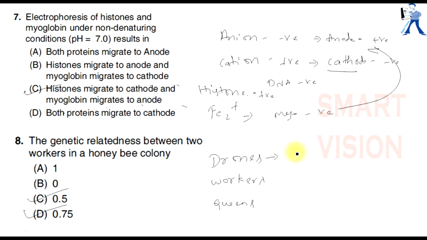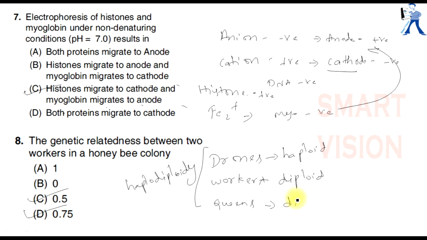Drones are haploid in nature. That's why this theory is called haplodiploidy. Workers are diploid in nature, and the queen is also diploid, and drones are male and the queen is female.